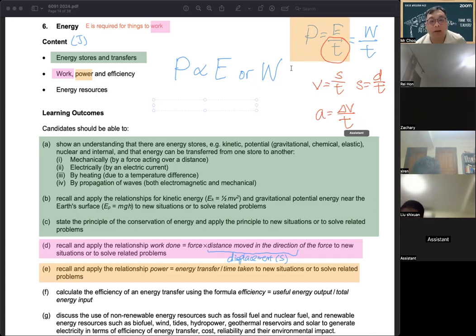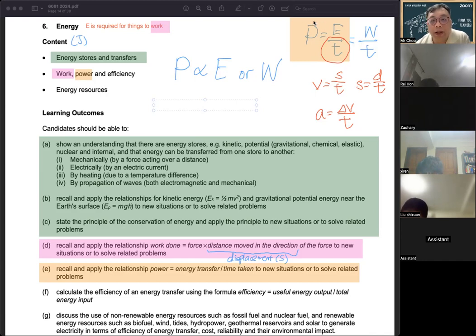When you see divide by T, how do you define the variable? Okay, so let me practice. Speed is the rate of change of distance. Velocity is the rate of change of displacement. Acceleration is the rate of change of velocity.